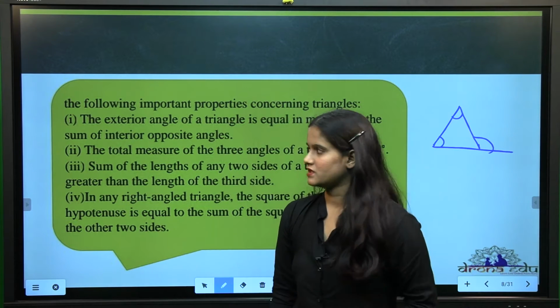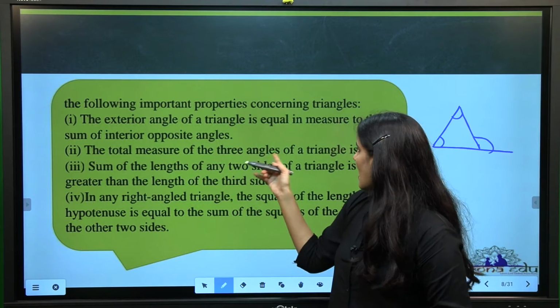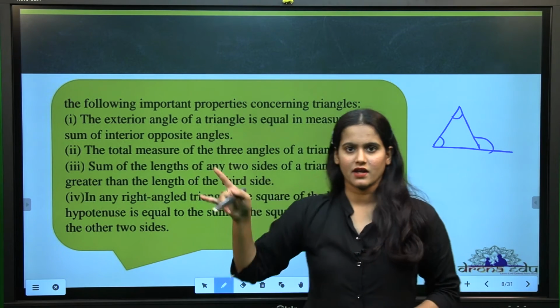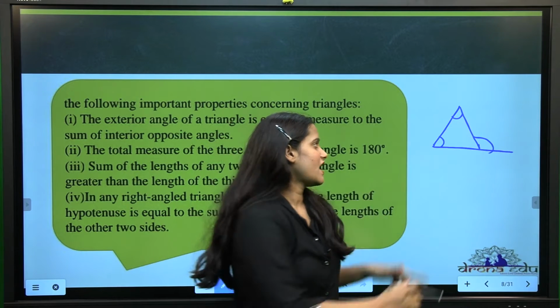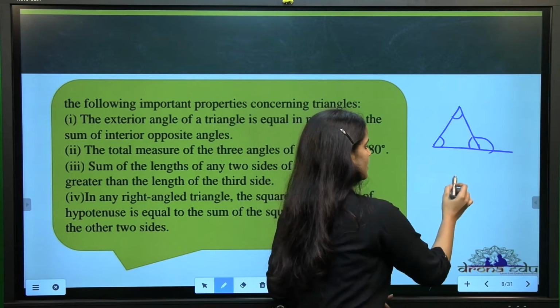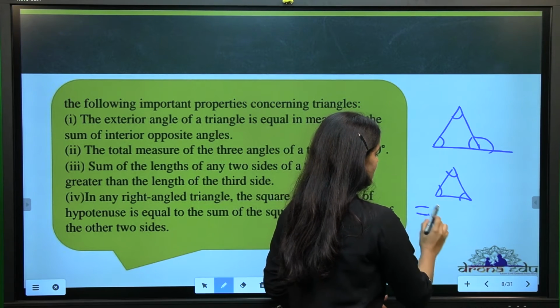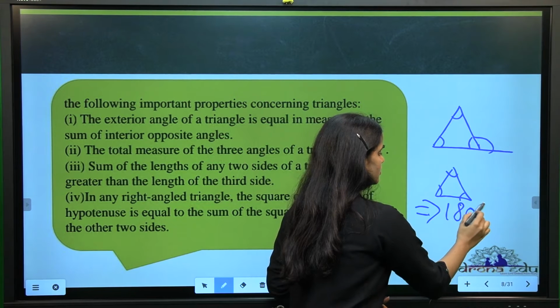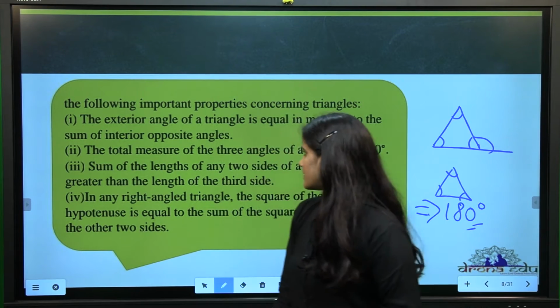That's the first property. Next one, the total measure of 3 angles of a triangle is 180 degree. So the measure of all these angles. Okay, so if I take a triangle, the sum of these 3 angles will always be equal to 180 degree. Okay, that is the next property.